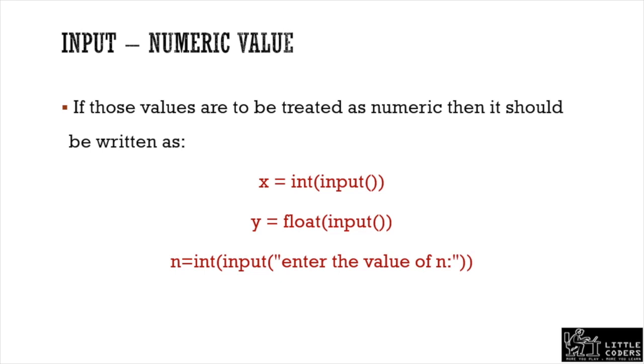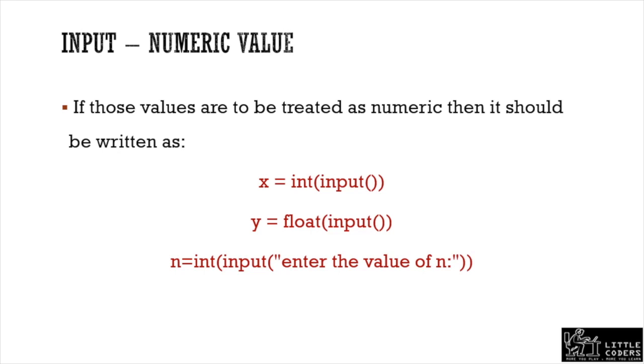Within the parentheses of the input statement, if you enclose anything within double quote sign or single quote sign, that value will be outputted and then it will wait for us to reply.